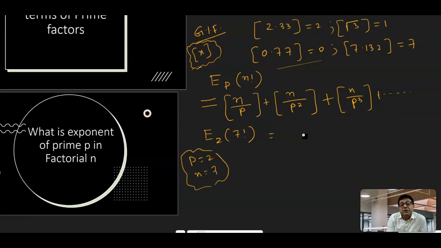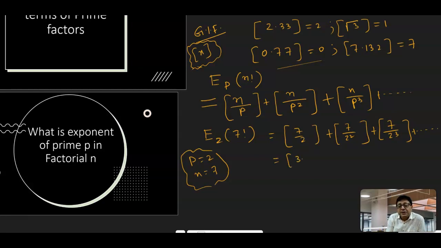So this is going to be floor of n by p, n means 7, 7 by 2, plus 7 by 2 square, plus 7 by 2 cube. Should I proceed? No, because 7 by 8 is a fraction. We stop.